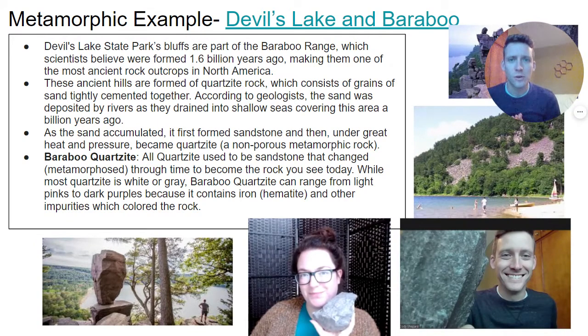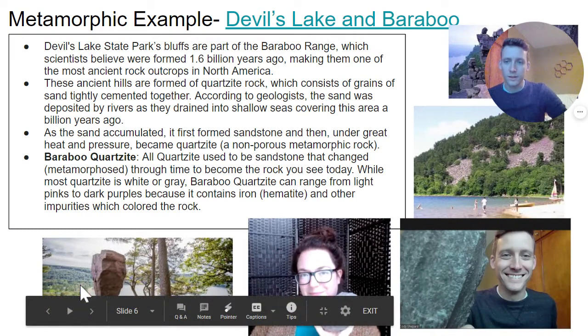Well, that sandstone was introduced to heat and pressure due to the rocks on the surface and the plates moving around, pushing into each other. That changed the chemistry into quartzite, which looks a little different than that sandstone. It's got this purple hue to it. When you go to Devil's Lake State Park, you'll see lots of this quartzite, like Balanced Rock.